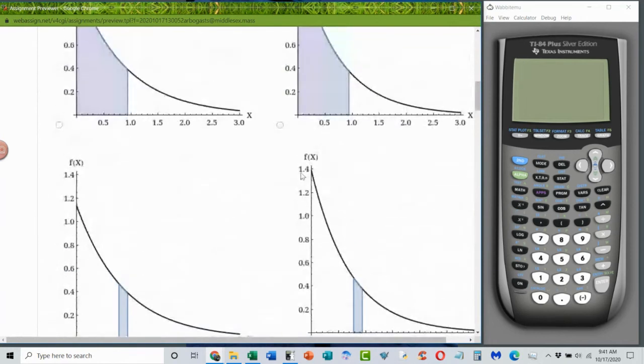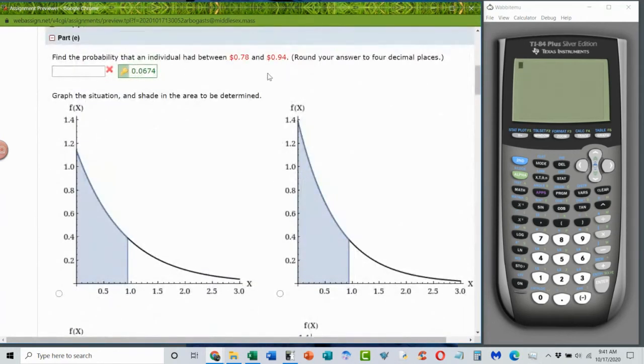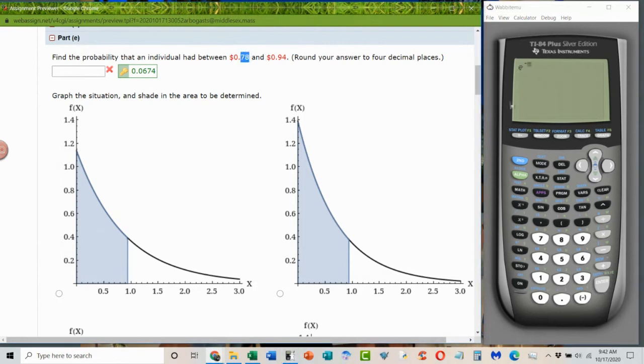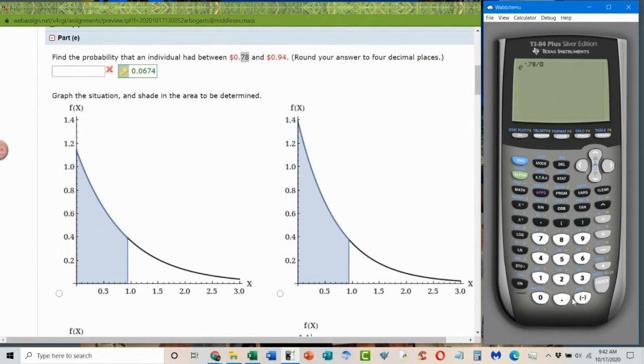So to get this, again, all we have to do is second ln. Then we have to put the negative in because these are always going to be negative. This is our first number, so 0.78, divided by our mean, which we get out of the exponent, right button, and then we're going to subtract the other one.